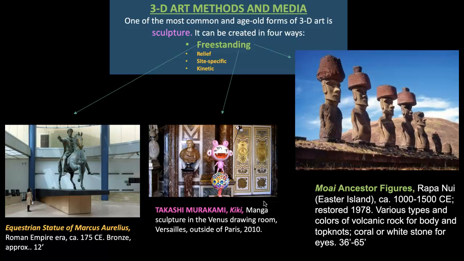Something that's also considered freestanding are the very famous Moai ancestor figures that you could find on the island of Rapa Nui, otherwise known as Easter Island. You might already be familiar with these sculptures dating from more than 1,000 years ago, from 1,000 to 1,500. They were sculpted at a tremendous size, some spanning some 60 feet, and sculpted from locally quarried volcanic rock.